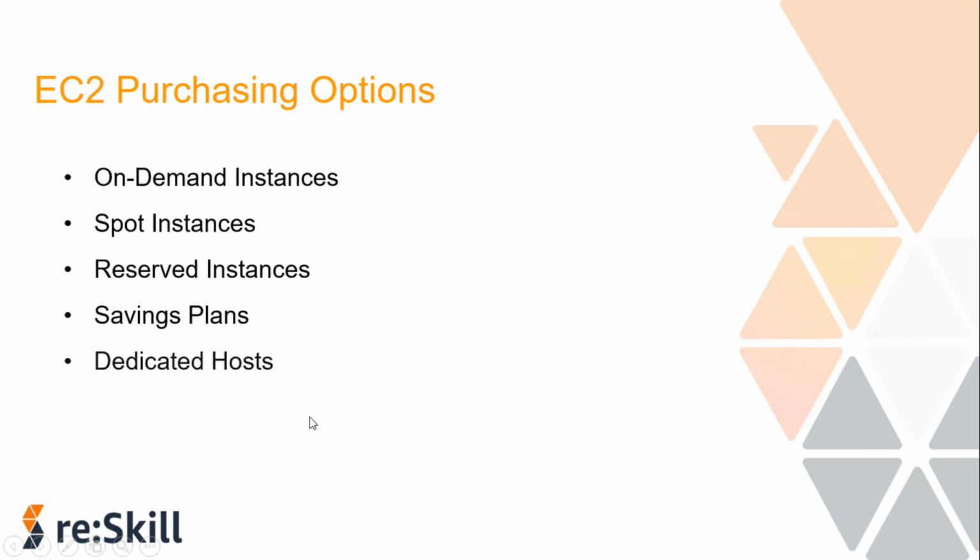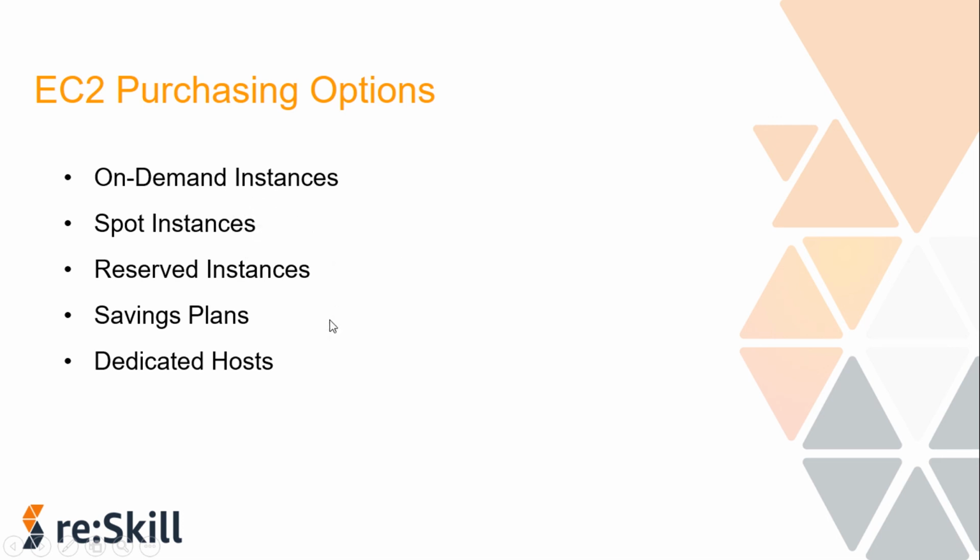Then we have got something known as dedicated host. So in all the EC2 instance purchasing options that I told you, there is a shared tenancy. That means your EC2 instances will be running on hardware that is shared by other people also. One hardware will be there where many people's EC2 instances will be running.